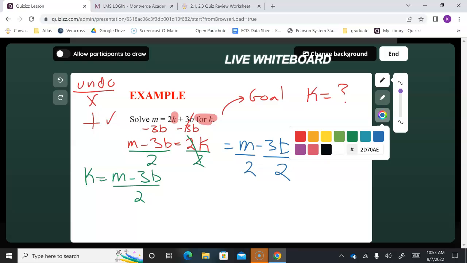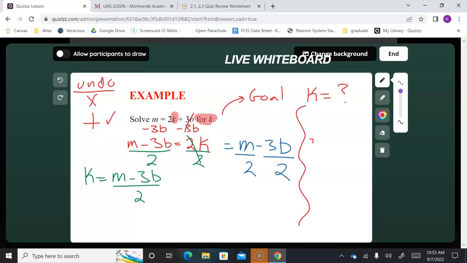So for example, okay, let me change this question slightly. If I had 2k equals 4m minus 3b, and I'm dividing by 2, it would be more prudent to do the separate division, because then I can simplify that fraction.